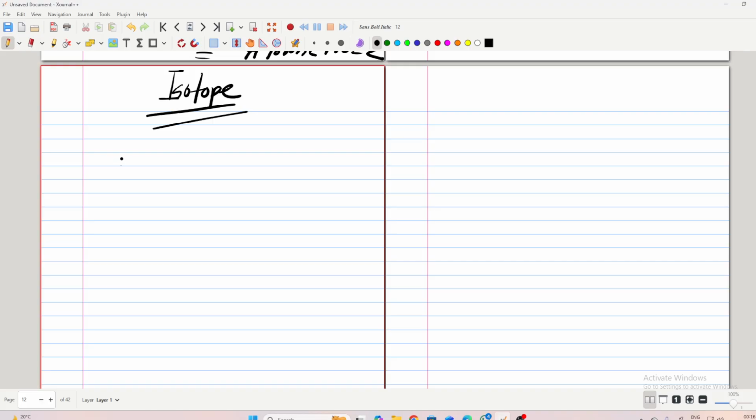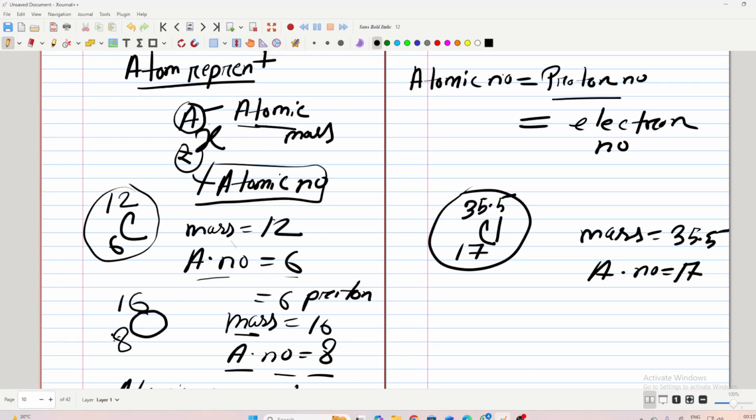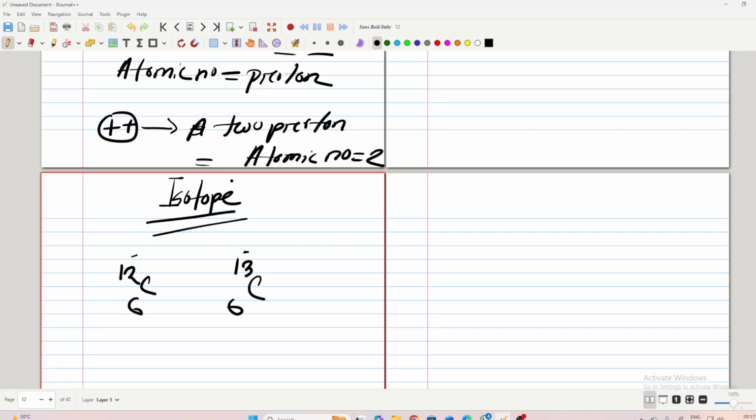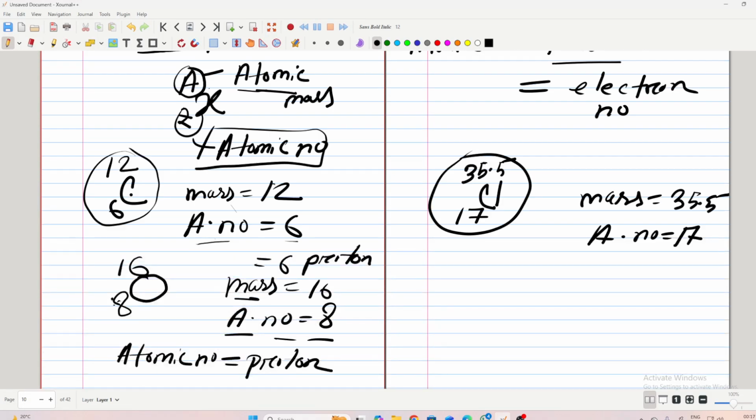Let us assume carbon 12 with atomic number 6 and carbon 13 with atomic number 6. Here 12 and 13 are the atomic masses, and 6 is the atomic number, written under the symbol.